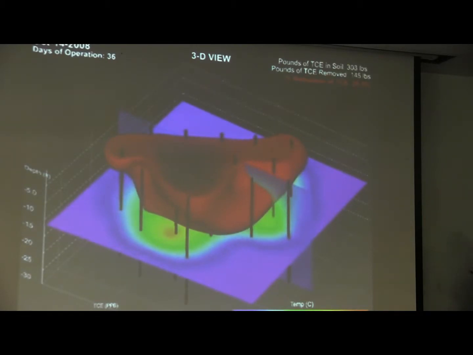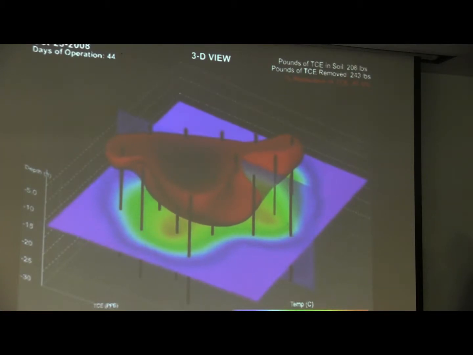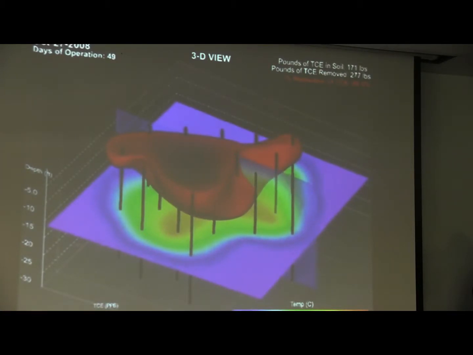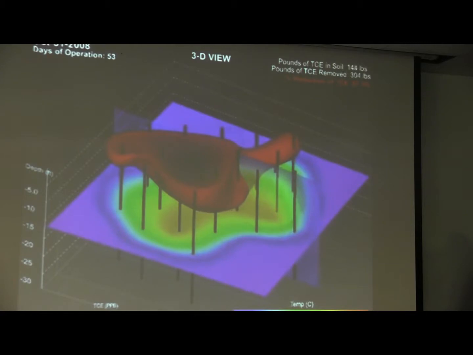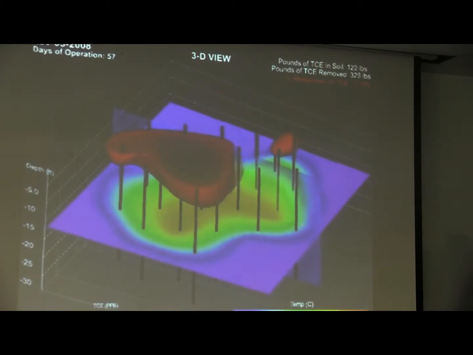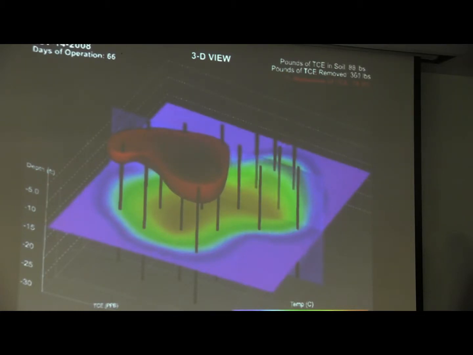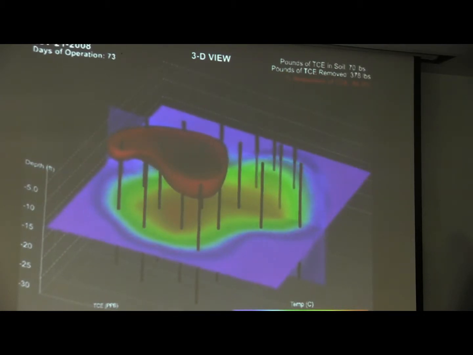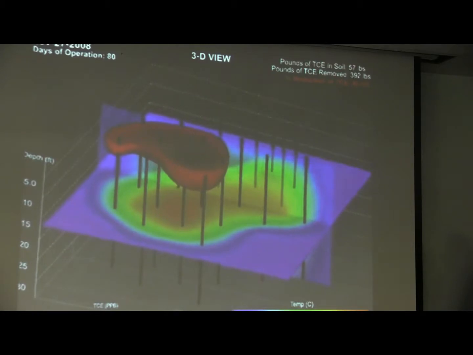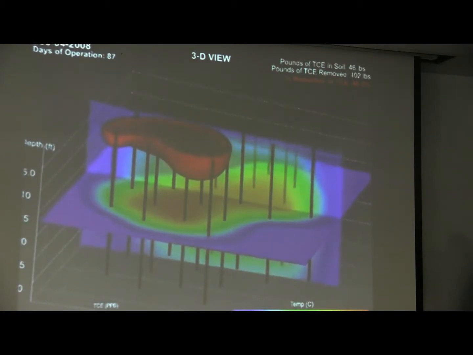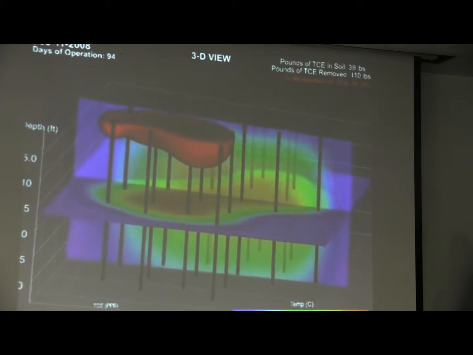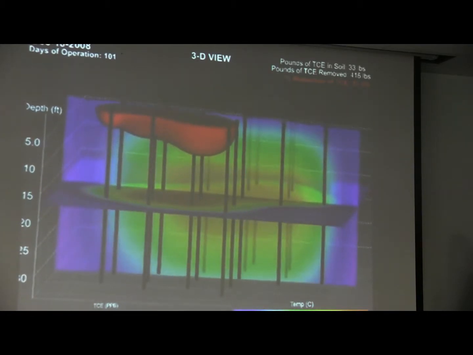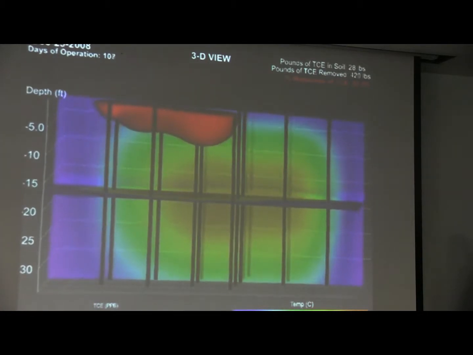The days of operations and contaminant mass removed are in the upper left and right corners of the animation screen. Subsurface temperature increases slightly faster in the areas of highest contaminant concentrations. This is advantageous because these areas clean up quicker and can be turned off early following sample confirmation. The remaining energy is redirected into the areas until they are cleaned up also. This eliminates wasted energy and saves time and money.